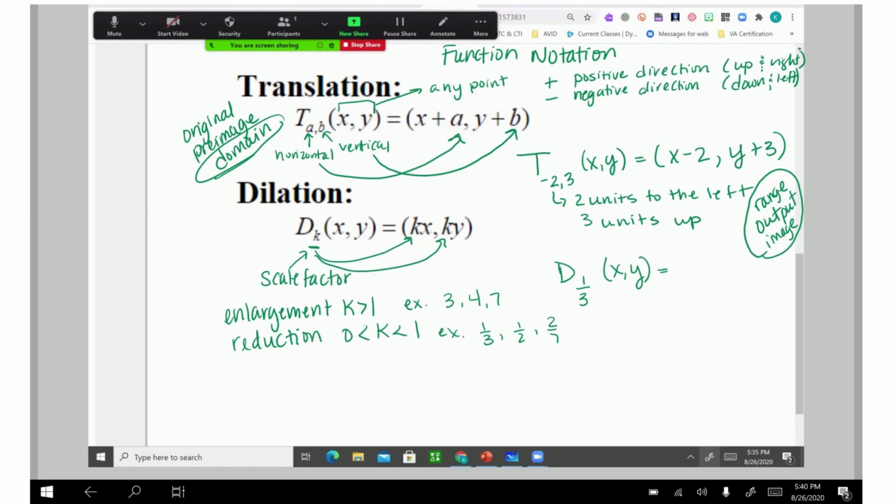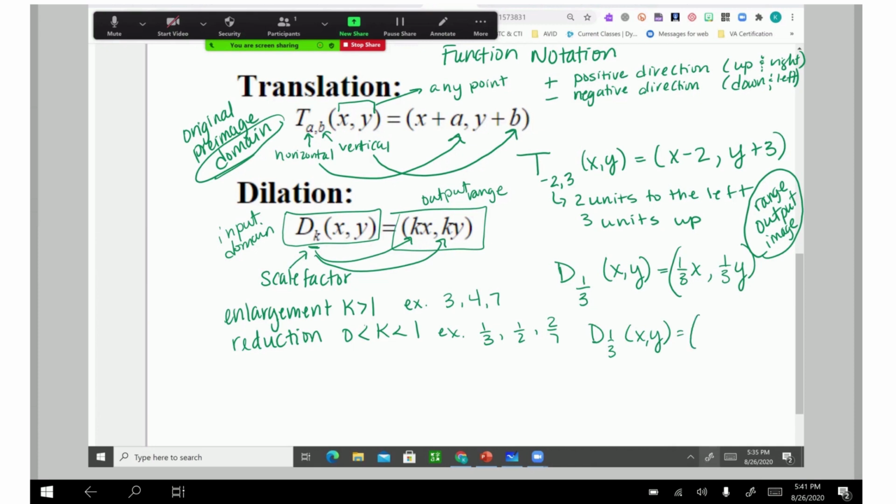Like I said over here, this part is your input, is your domain, and this part right here is your output, which is your range. So when you put the point in, this is what you want to come out: 1/3 x, 1/3 y. Another way to write this would be x over 3, y over 3. It's the same thing as saying 1/3.